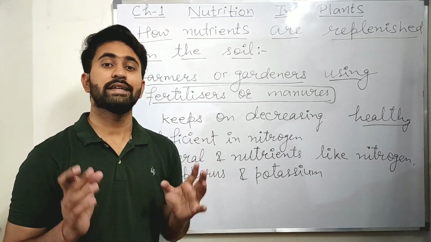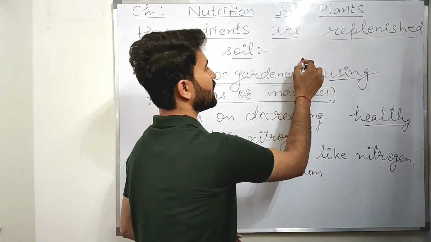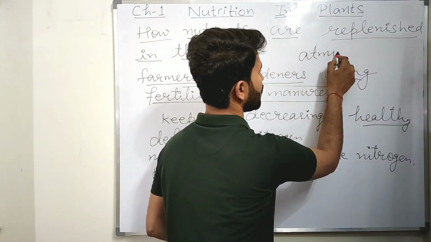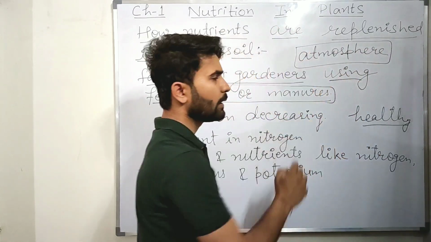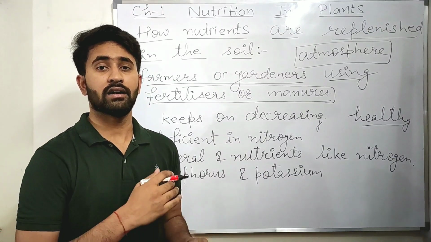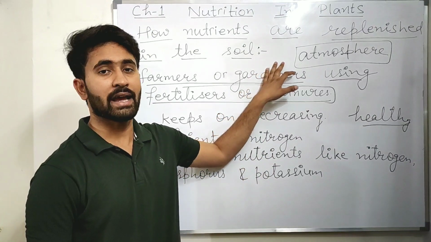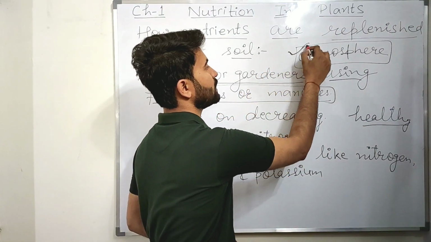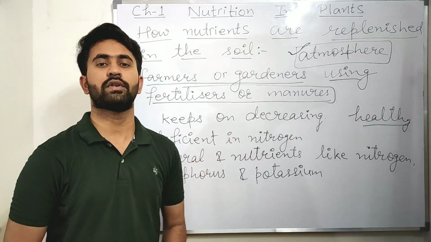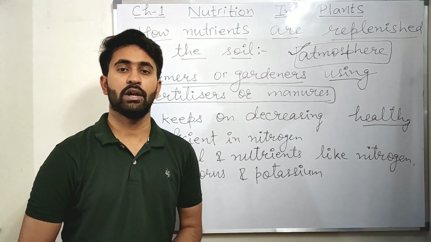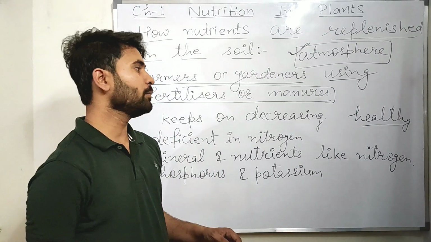Nitrogen is available in large amounts in the atmosphere. But we have read earlier that plants cannot absorb nitrogen gas from the atmosphere. They absorb carbon dioxide from the atmosphere, but they cannot absorb nitrogen.